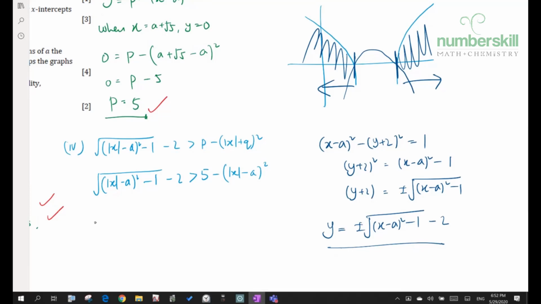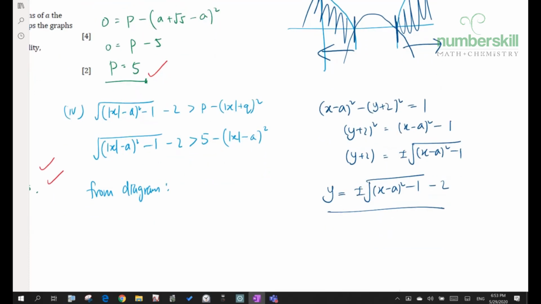From the diagram, one more time. It's not the end now, even though it's 2 marks, but it's quite a lot of work to do. From the diagram, we understand that this hyperbola is more than this curve. No, I don't have the mod x yet. I haven't even addressed the mod x. The mod x is later.